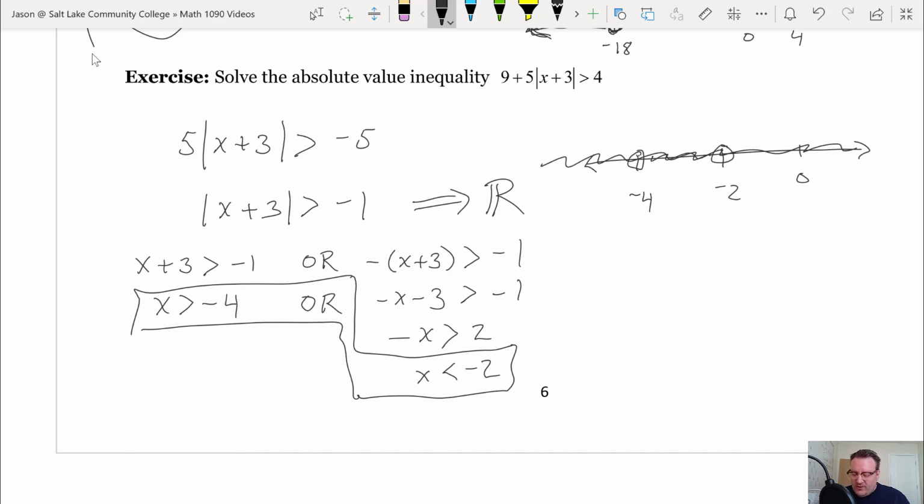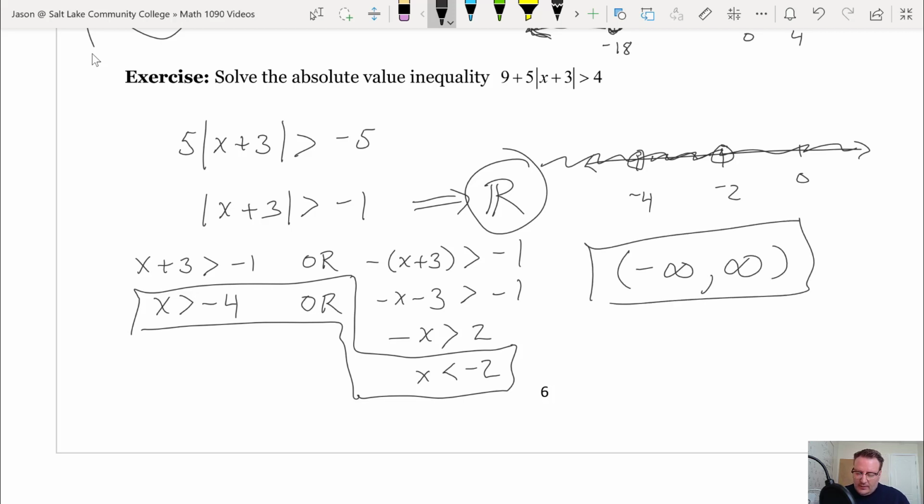And notice we've filled in the entire number line. So the answer is R. Any real number is a solution, or in interval notation, the values from negative infinity to positive infinity. All right. And this concludes section 3.1 on inequalities.